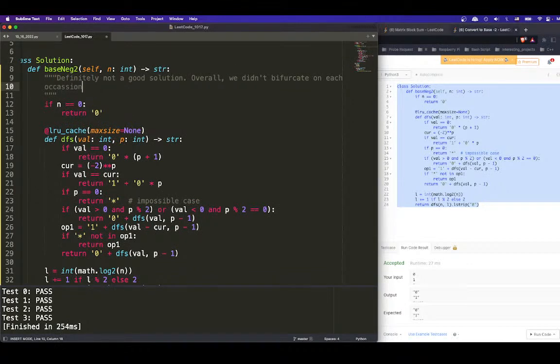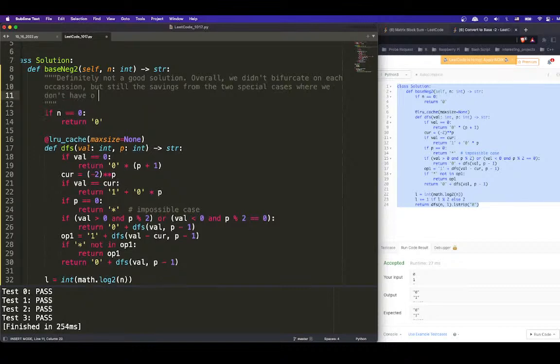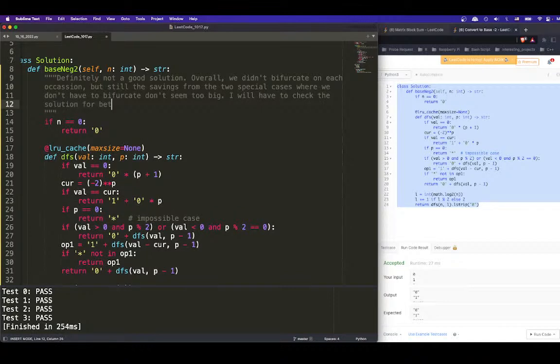We save, but still the savings from the 2 special cases where we don't have to bifurcate don't seem too big. So I'll have to check the solution for better ideas.